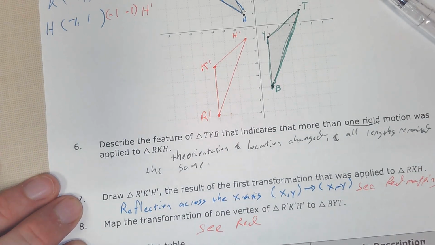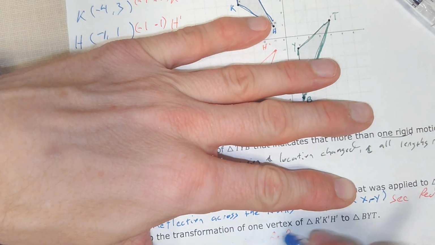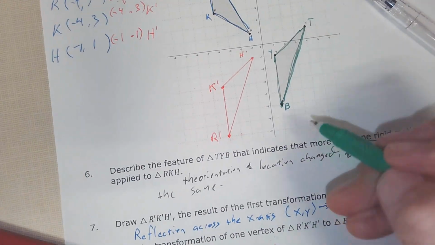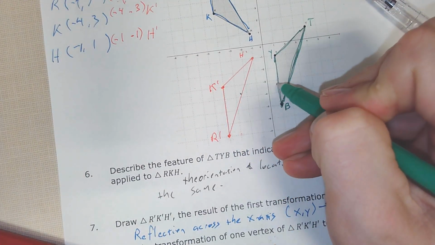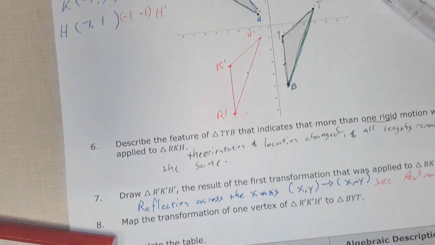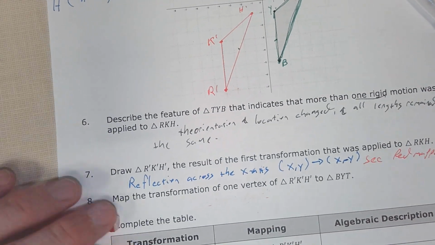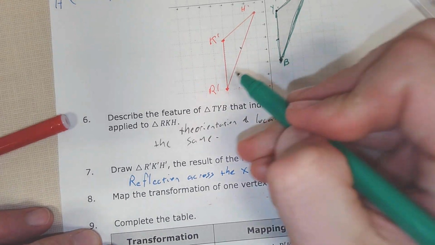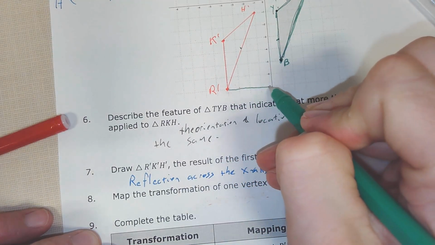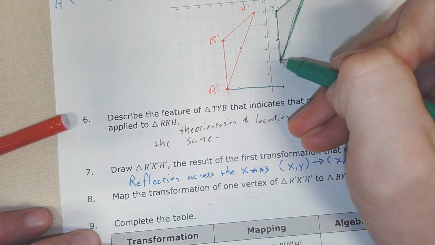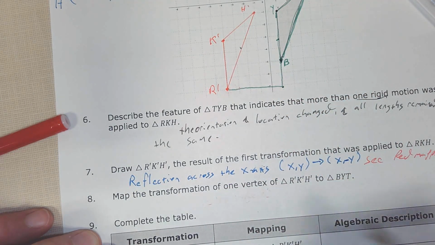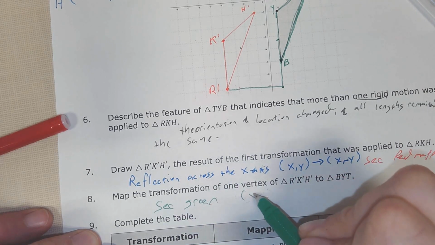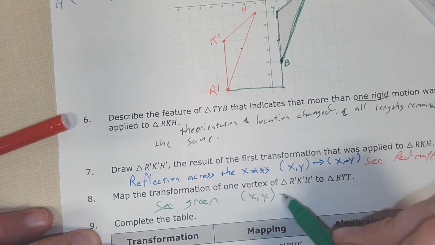Okay, so then we're going to map the transformation from our prime to be from here to here, from red to green. Right, so it's pretty easy. It's going to be R to B. Just one vertex, I think it says. Yeah, one vertex. We're just going to do R to B. So C green, and I'll just go ahead and put the algebraic transformation.